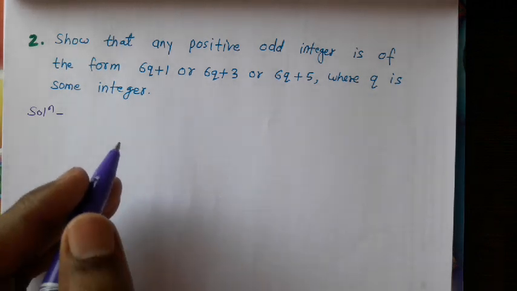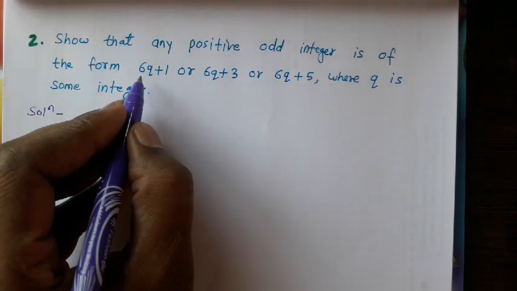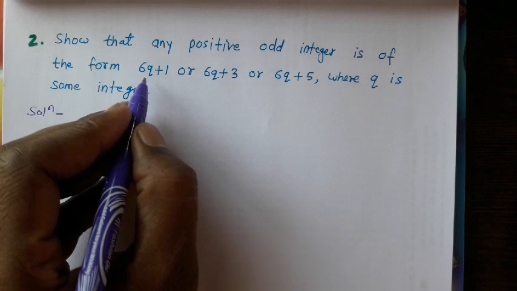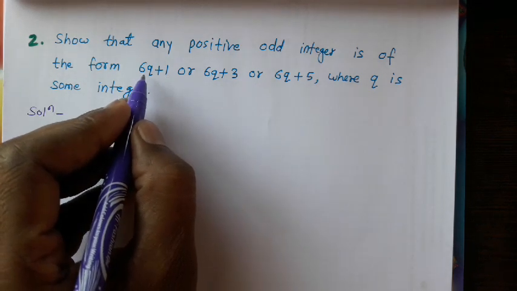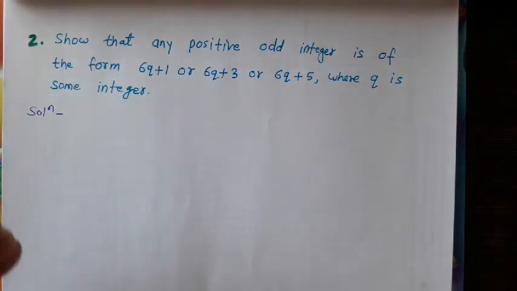So students, here odd integer is of the form 6q plus 1 means you take b equal to 6. How do you write the solution?